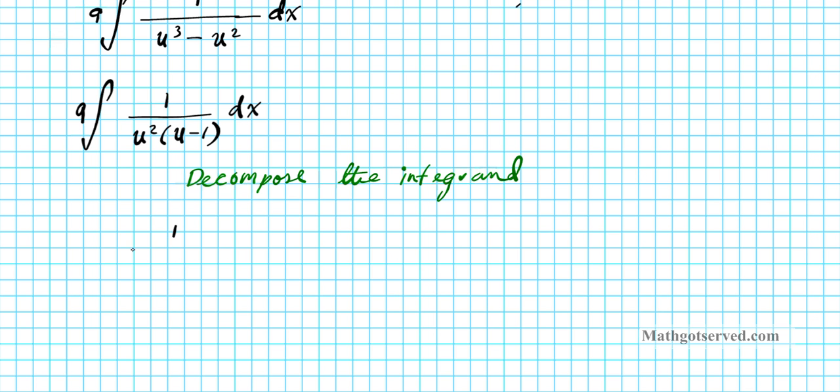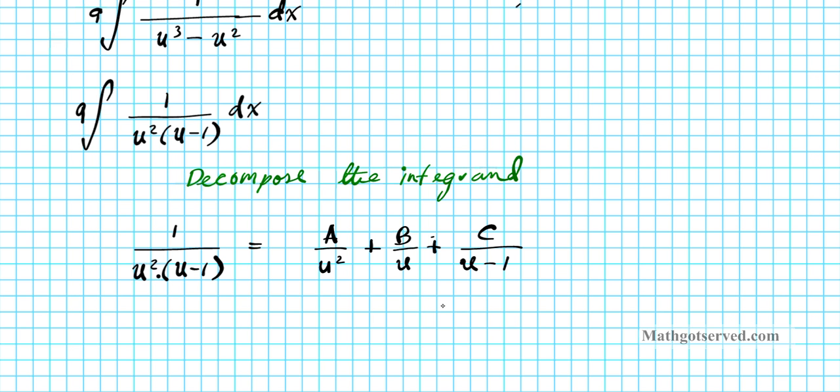Okay, so 1 over u squared times u minus 1 can be written as a over u squared, a over u squared first, a over u squared plus b over u, this is the decomposition of the first part, and then plus the other denominator u minus 1, we can just put a c there, c over u minus 1. Okay, all right, so there you have it.